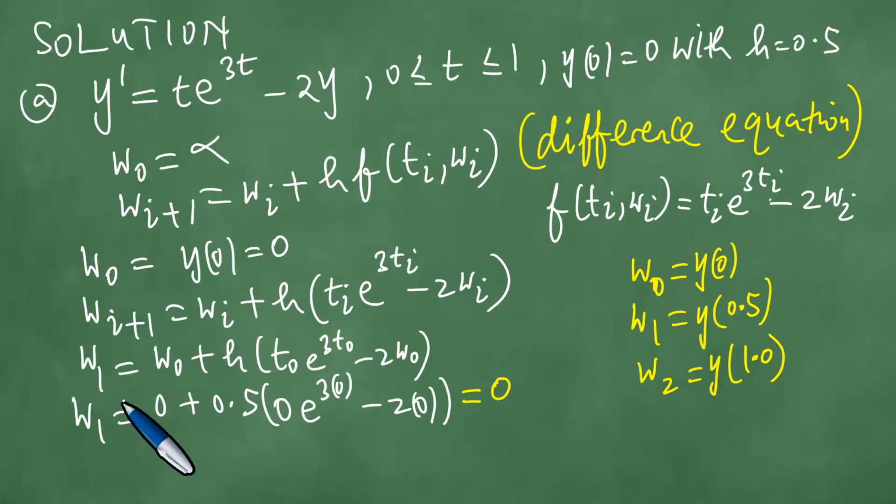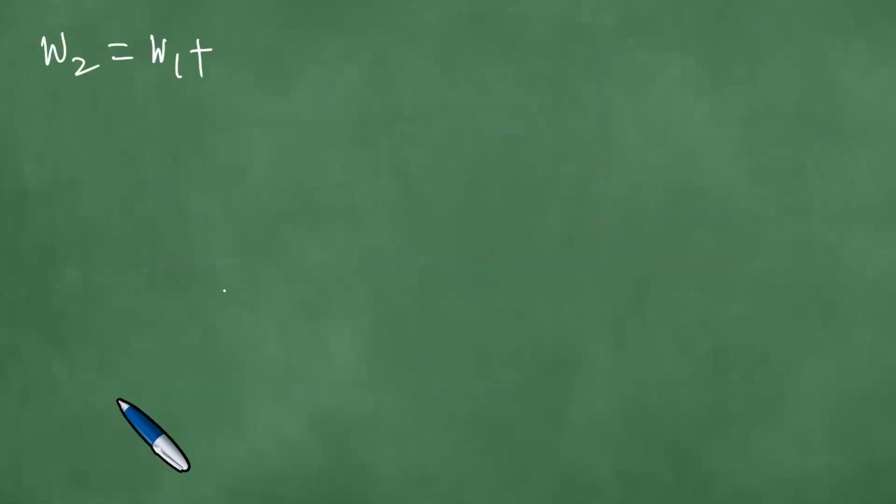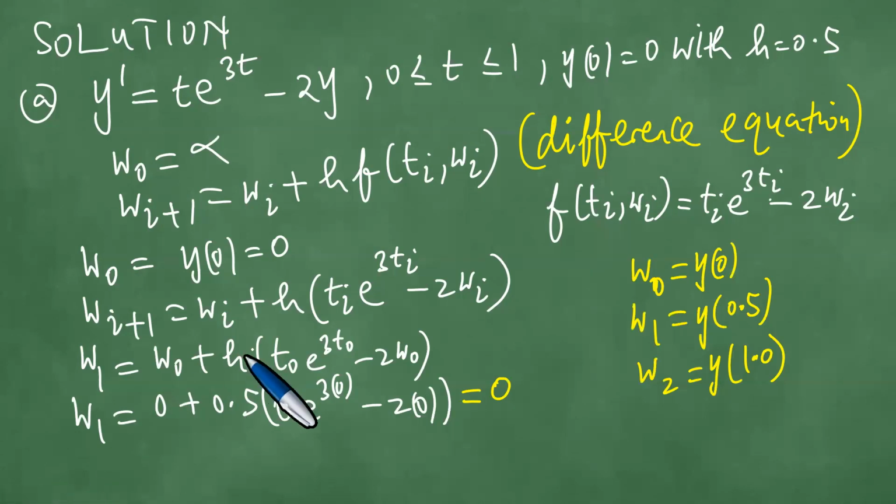W2 is going to be W1 plus H, times Ti, which is going to be T1, then e to the 3T1.